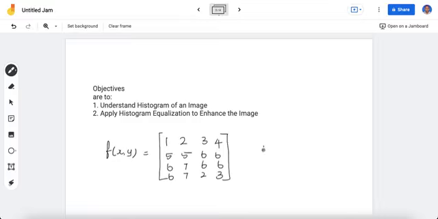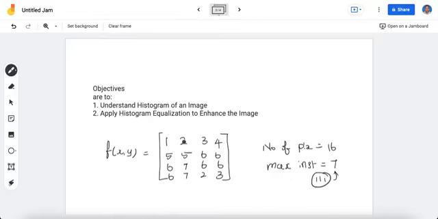The number of pixels in this image is 4 cross 4, which is equal to 16. The maximum intensity in this image is 7. So I can use 3 bits, 1 1 1, which is the binary representation of my maximum intensity.